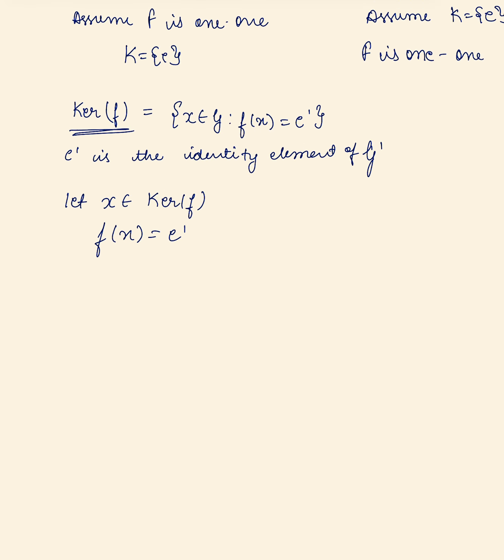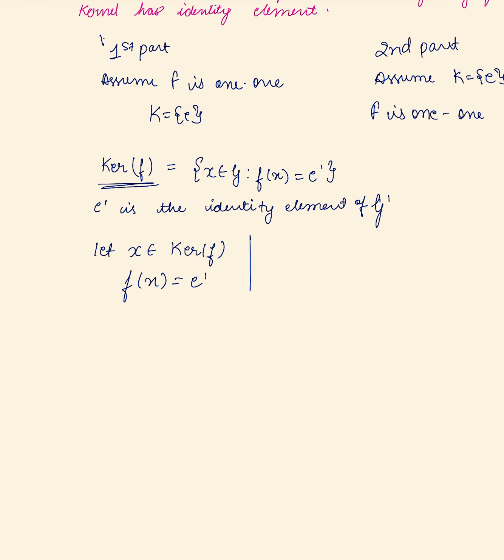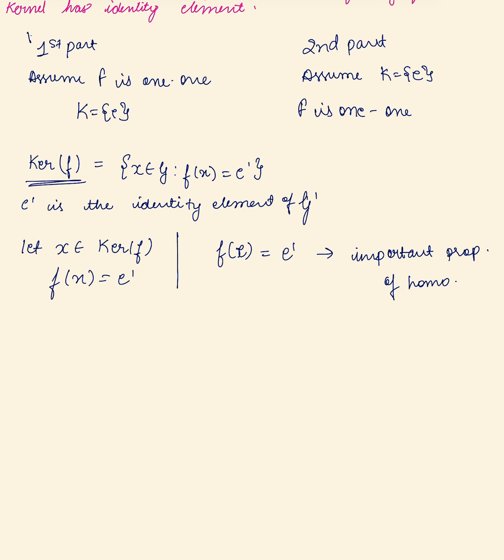We also know an important property of homomorphism: the image of the identity is always the identity.